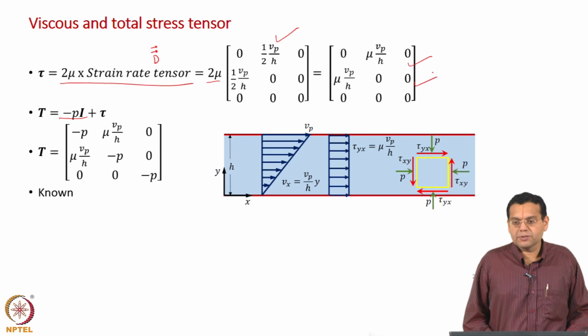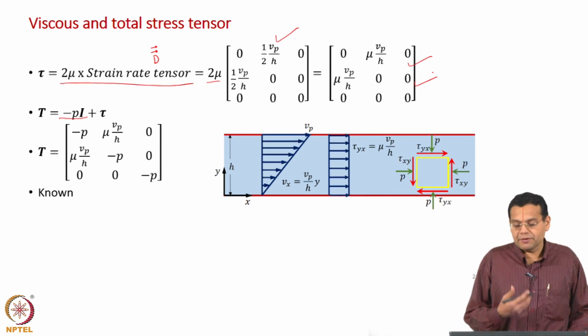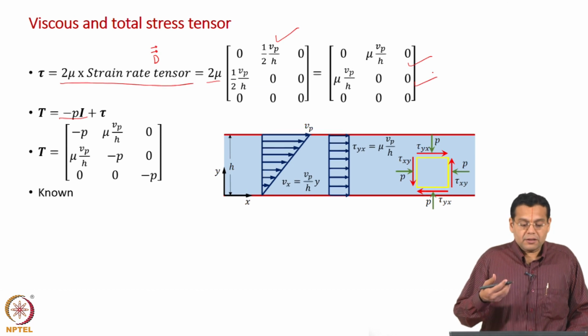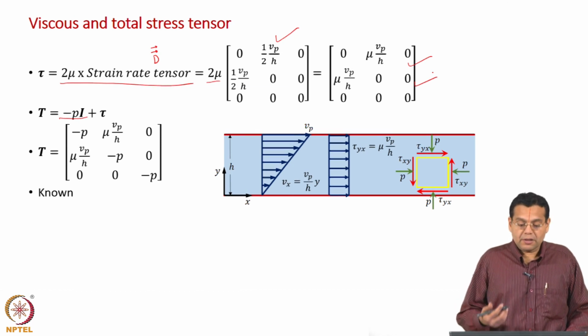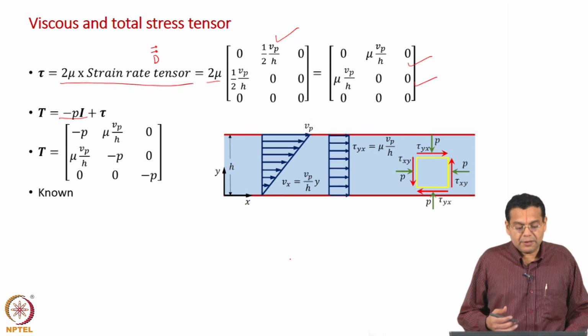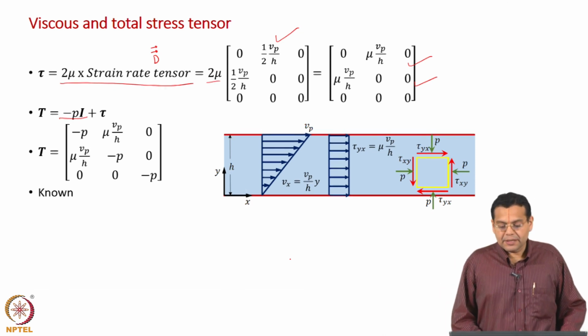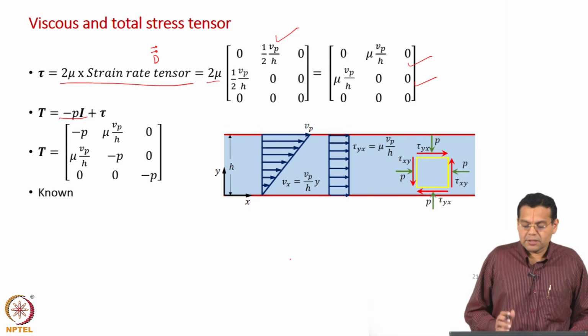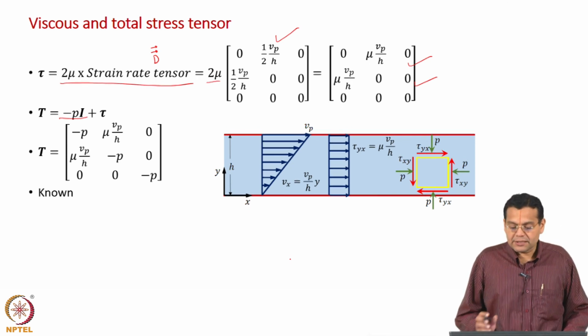Earlier we introduced them as variables; they were unknown when we first discussed viscous stress and total stress. Now they become known. Not only known, we are able to evaluate them in terms of the velocity profile, in terms of the variables which describe this particular flow.